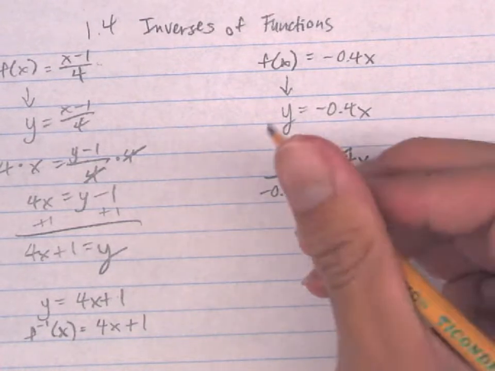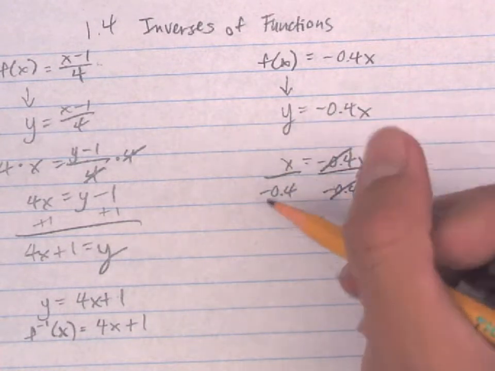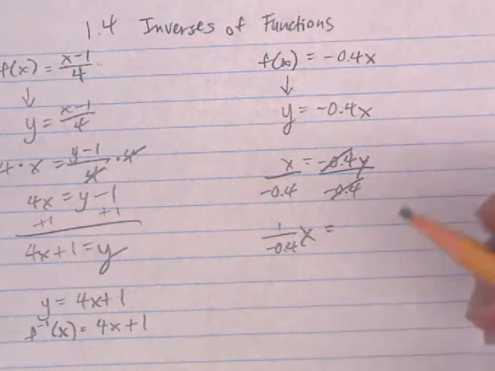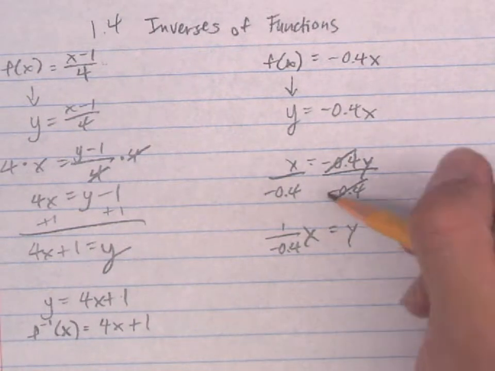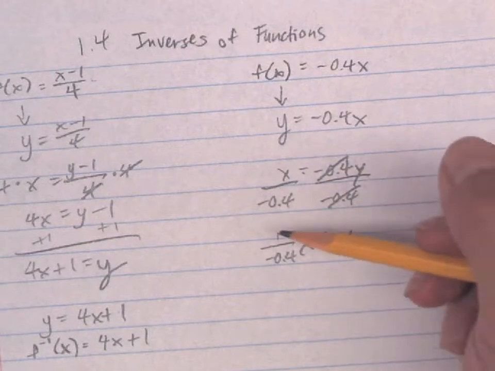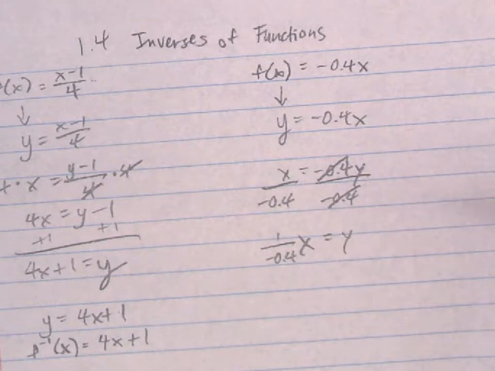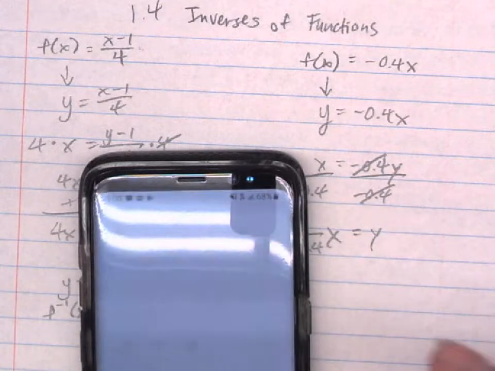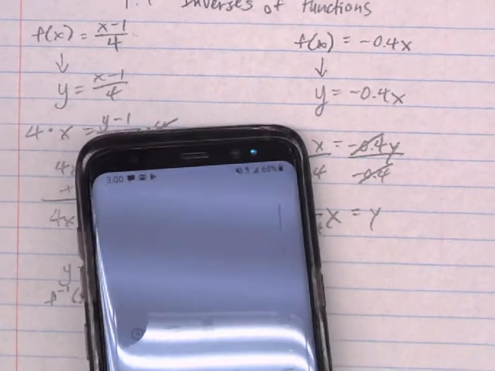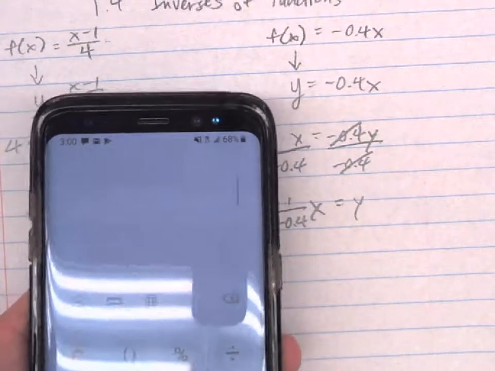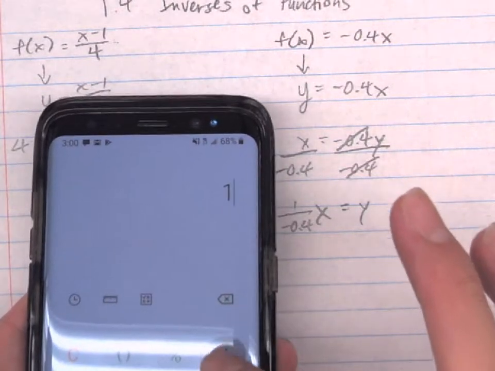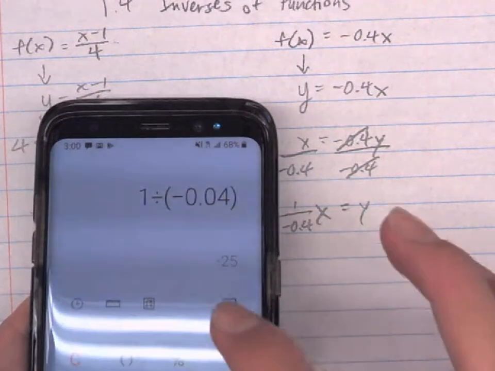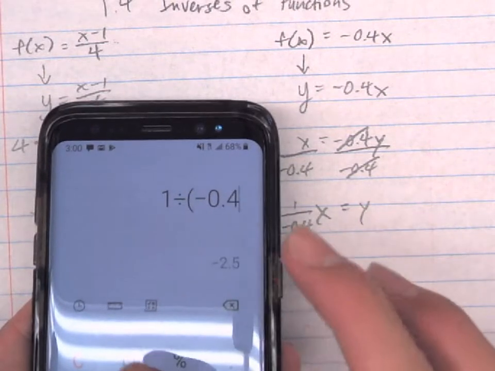That cancels out. So on the side here, I'm going to get 1 over negative 0.4x equals y. You could just put x, yeah, like that is fine. What I'm going to do is I'm going to calculate this. So I don't know what that is in my calculator. A little hard to see, I apologize. So it's going to be 1 divided by negative 0.4.